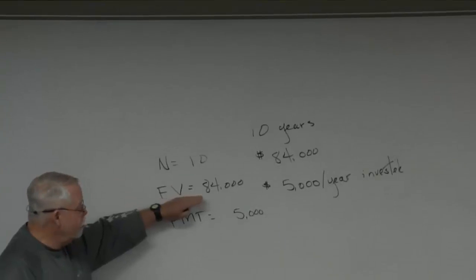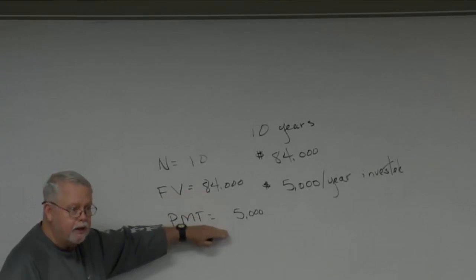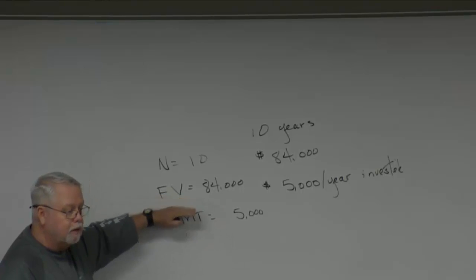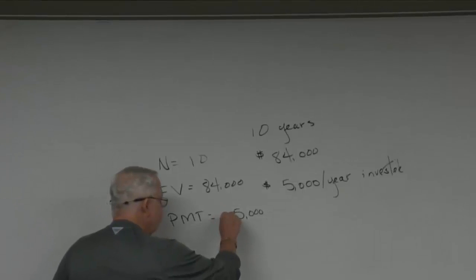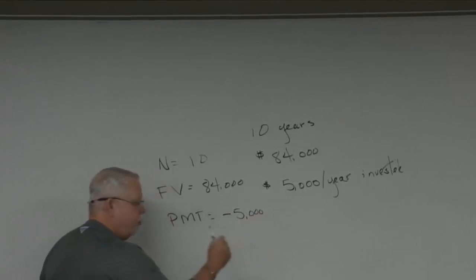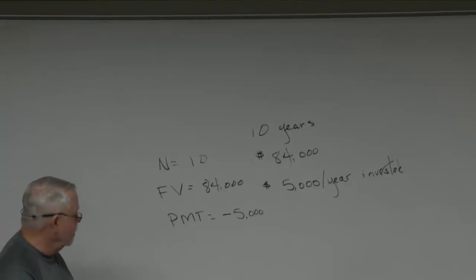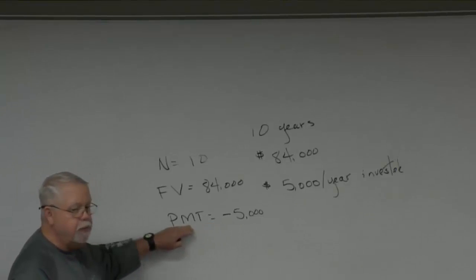If future value is positive, payment has to be negative: money out of your pocket, money back into your pocket. So I'm going to put 5,000 and change sign. There's a change sign button at the bottom of your calculator. Change it to negative 5,000 and then press PMT.